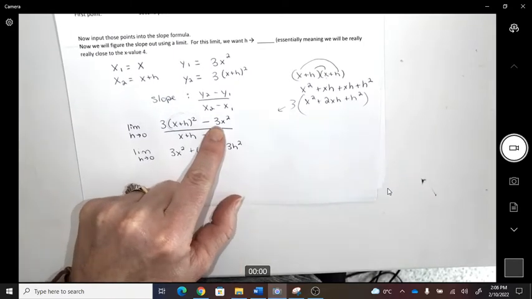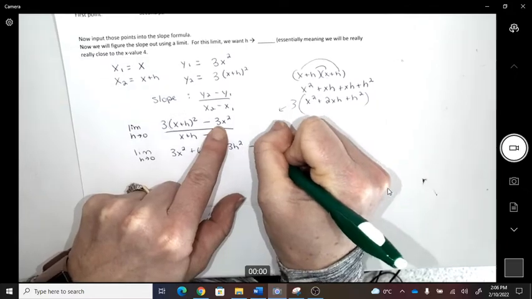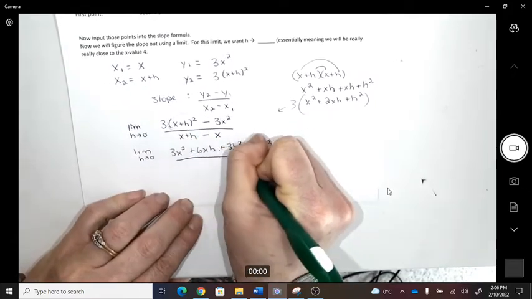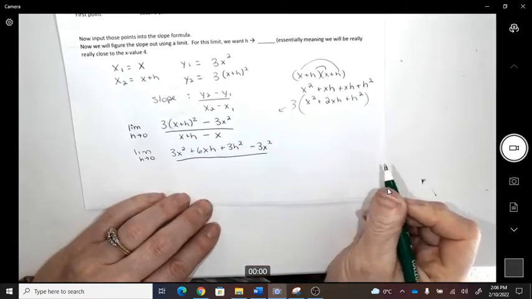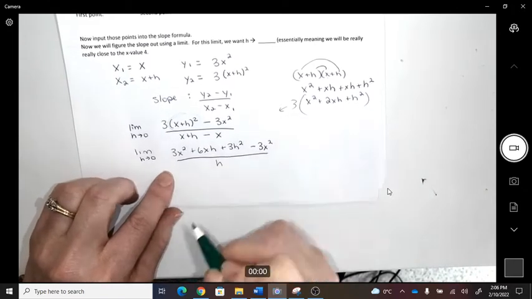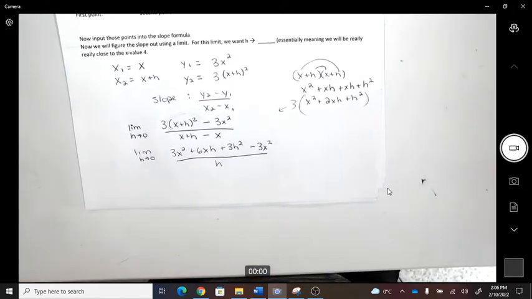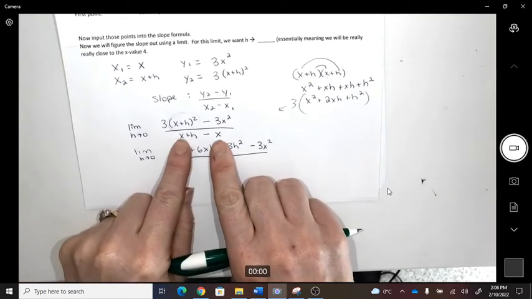Okay, and then this is just because it was there, so minus 3x squared. All over, and the bottom is just an h. Right, because x subtract x. I had an x and then subtract an x.